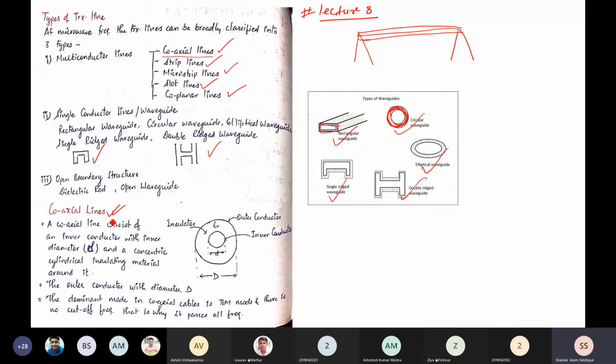The structure of the coaxial line is this one.